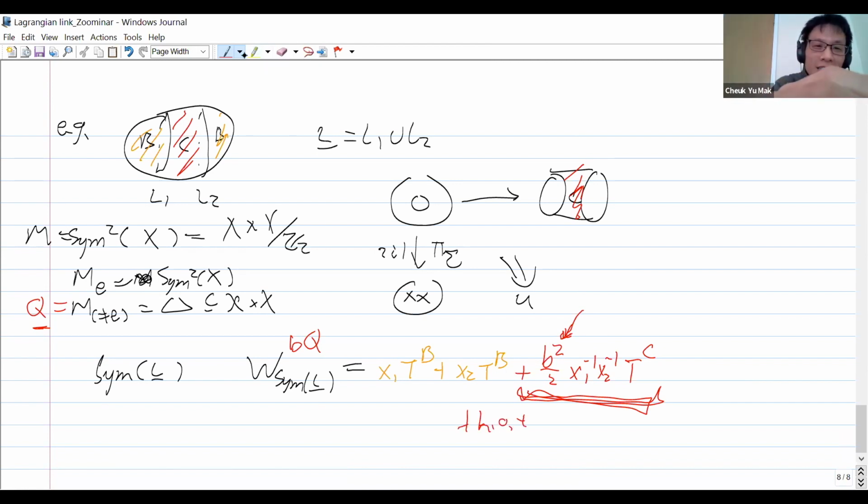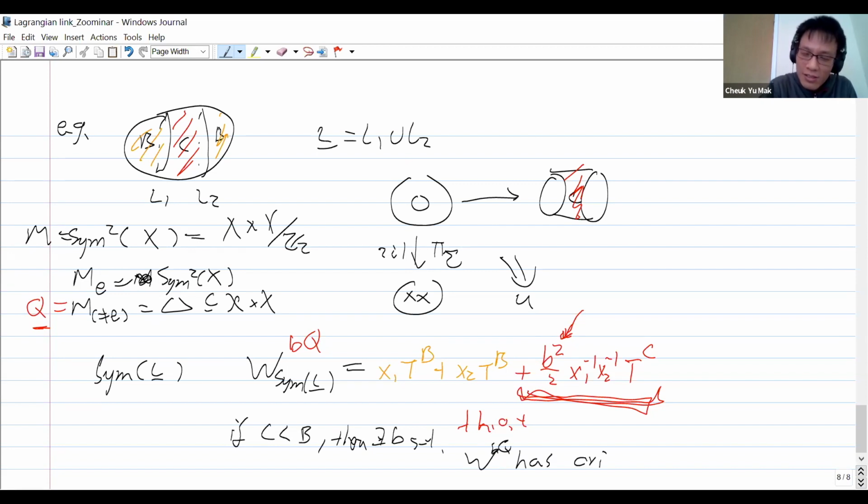You can see that, at least if you look at the first 3 terms, if c is less than b, then you can find b such that this guy has a critical point in the complement of the maximal ideal inside the Novikov ring. So this is a Floer theoretical way to prove that the union is non-displaceable.